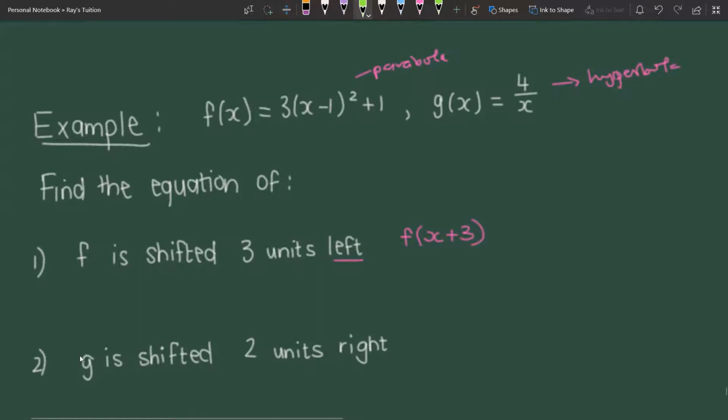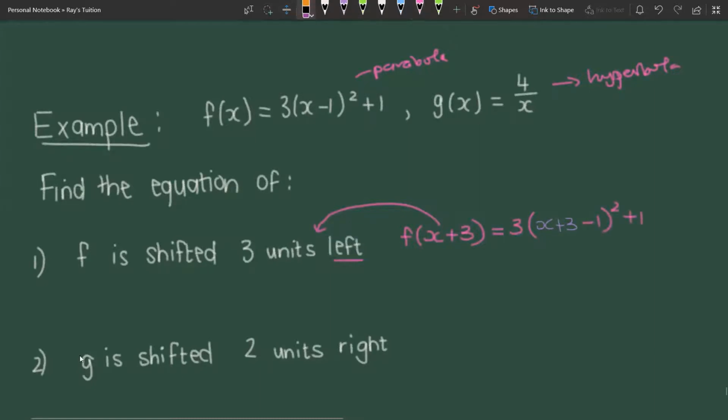So this here is f shifted 3 units to the left, and that is equal to, in the place of x, we're going to put x plus 3. So in the place of x, we're putting x plus 3. So we have 3 times (x plus 3 minus 1) squared plus 1.